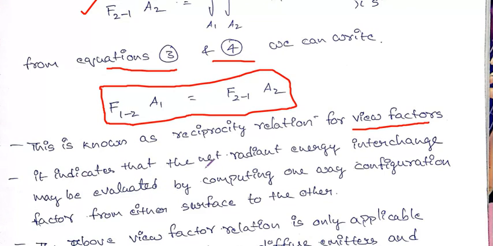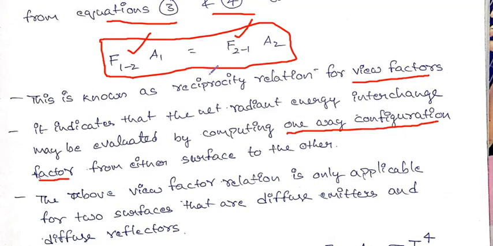That means the net radiant energy exchange between the two surfaces can be evaluated by computing either F1 to 2 or F2 to 1.